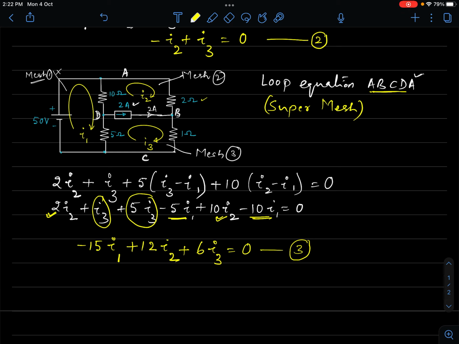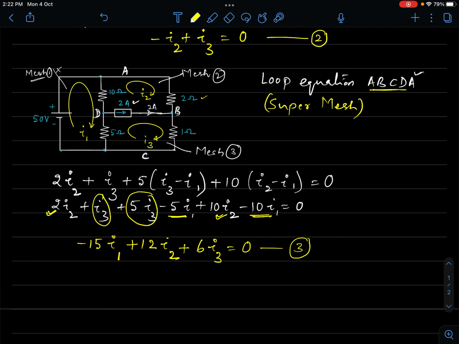Now, can we write this equation 3 by inspection? You can. If you look at this particular loop ABCDA, it encompasses all the 3 meshes, mesh 1, mesh 2, mesh 3. So you need to take the currents properly and write. I2 and I3 we will take in the clockwise direction.